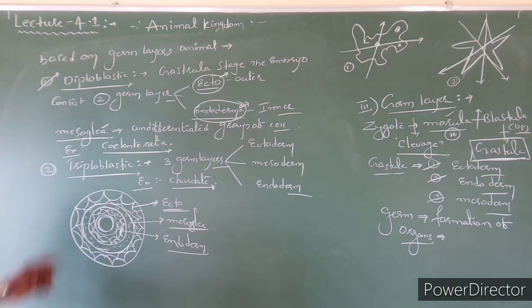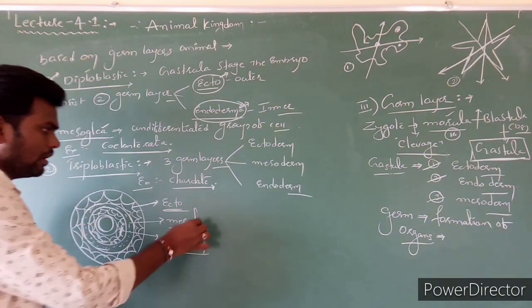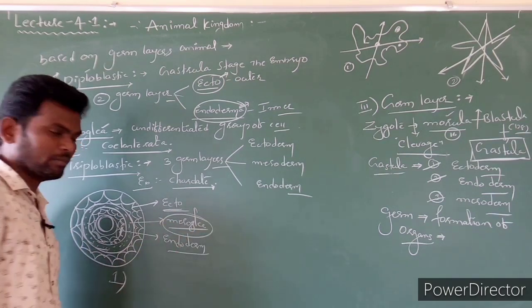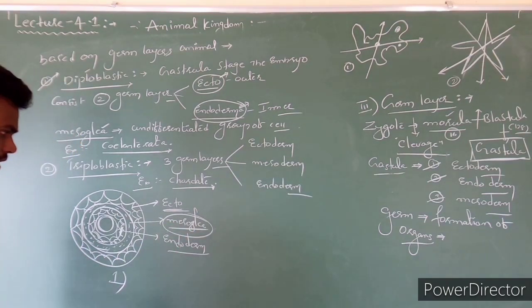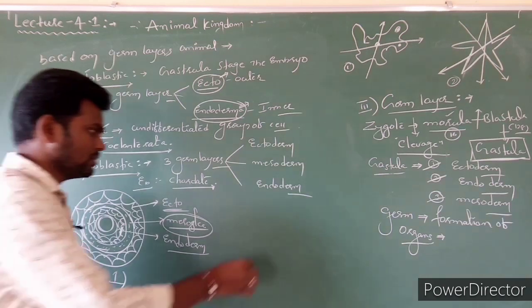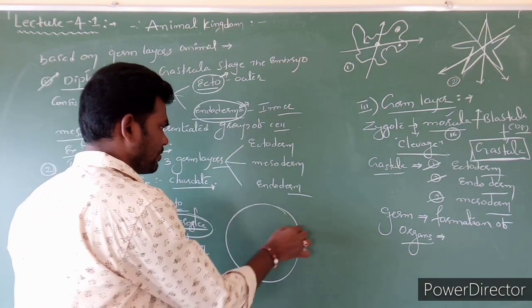Clear? So this is the example for what? First one, diploblastic. And triploblastic, simple. In it the mesoglea layer is absent, and epithelium cells are present. Clear? Simple.